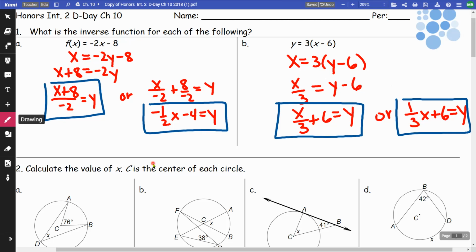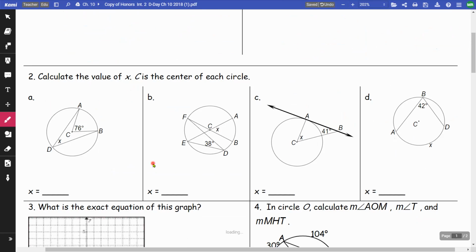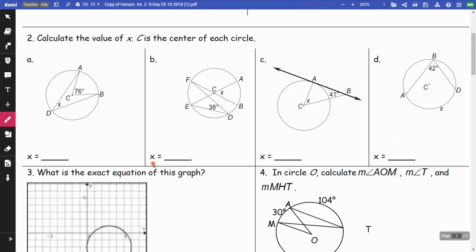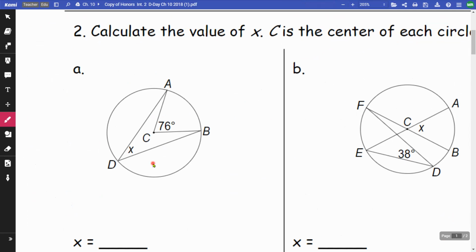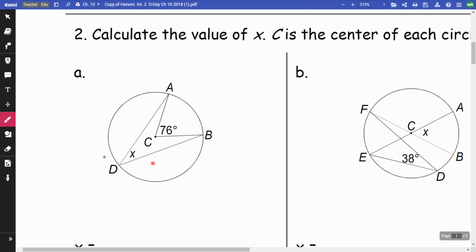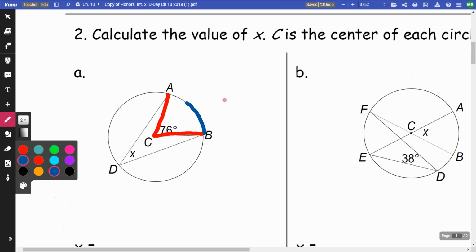On number 2, for all of these ones, what we're going to be trying to do is find x. So on 2a, what we want to remember is when we have a central angle, it is going to be the same as the intercepted arc measure.